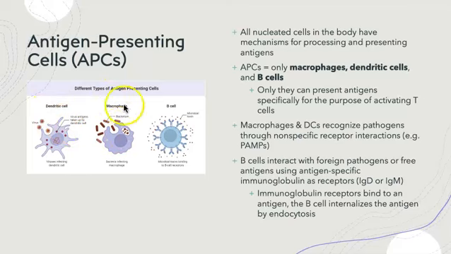So our dendritic cells and our macrophages recognize pathogens through non-specific receptor interactions, by utilizing those PAMPs, whereas our B cells can interact with foreign pathogens or free antigens by using their IgD or IgM receptors that are able to bind to an antigen, and then the B cell will internalize that antigen by endocytosis. So a little bit more on this in the coming slides.